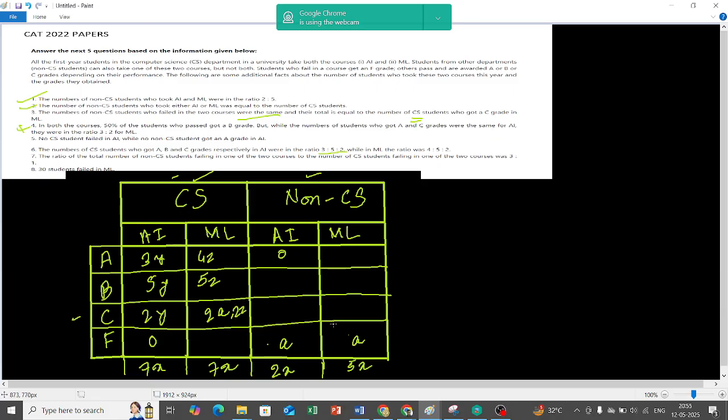Now see, it is already given 2A and 2Z, right? So 2Z equals 2A. Both of these get cancelled out.